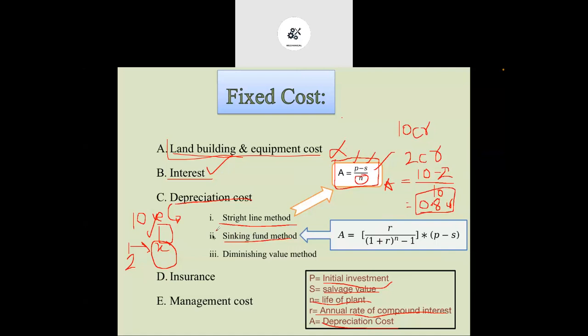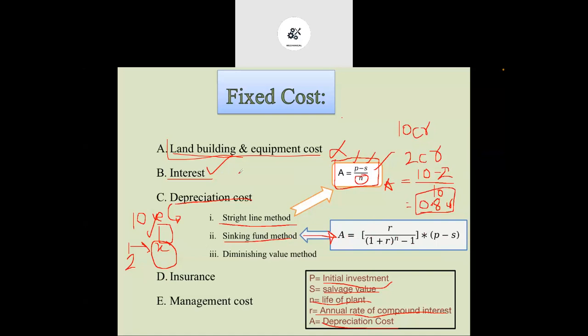Means in the first year we will keep aside more money, and as the life of the power plant increases, the amount of money we save is going to be reduced, because at the same time the maintenance cost is increasing, right?